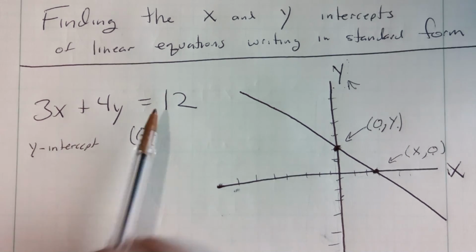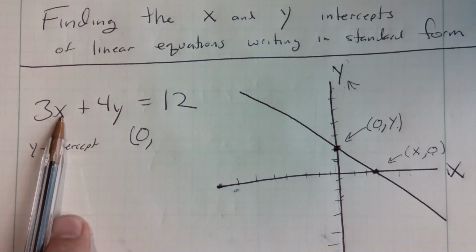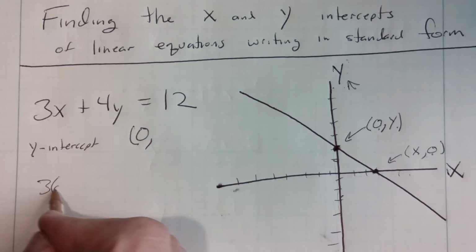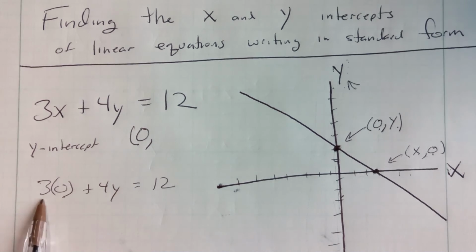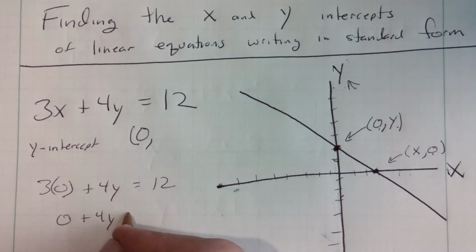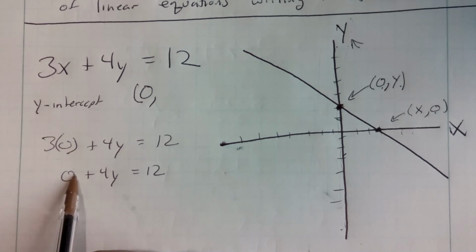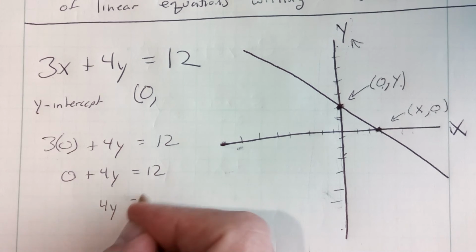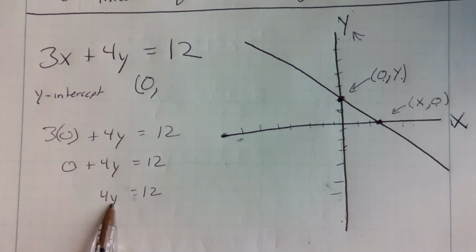So I think, okay, if I make this x value 0, that's going to be 3 times 0 plus 4y equals 12. Well, what's 3 times 0? That's just 0 plus 4y equals 12. Do I really need the 0 here? No, it's 4y equals 12. That's a one-step equation that I can easily solve for my y value.